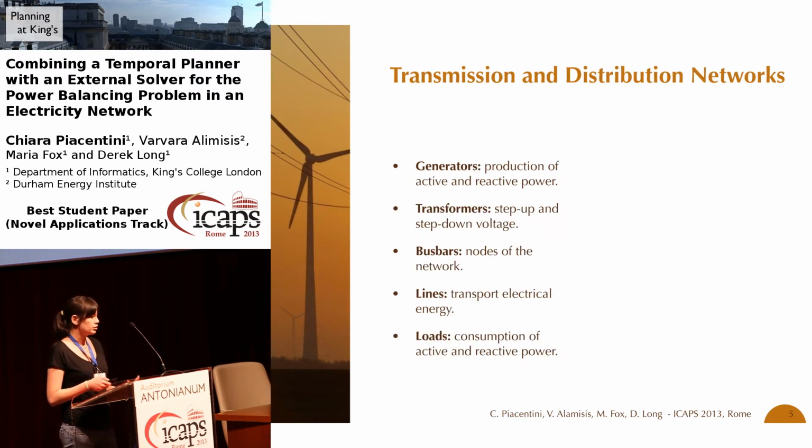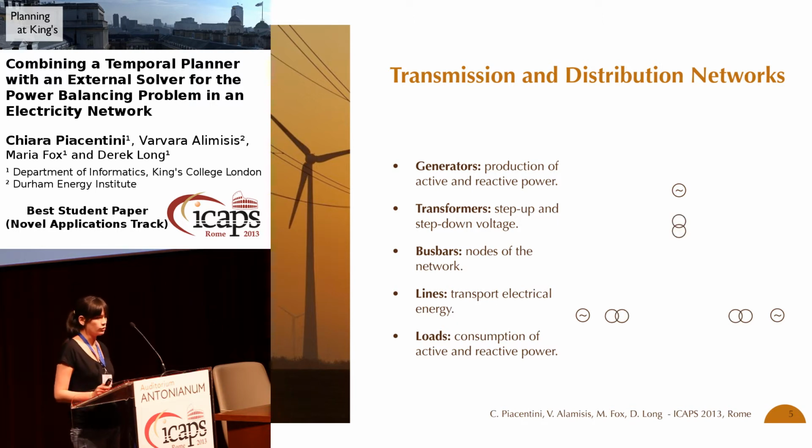If we look more formally at how we can represent a transmission or distribution network, we can say that we have the generators that produce active and reactive power. We have also transformers that regulate the voltage flowing through the electrical network.